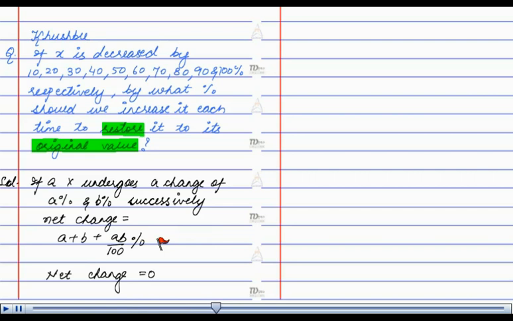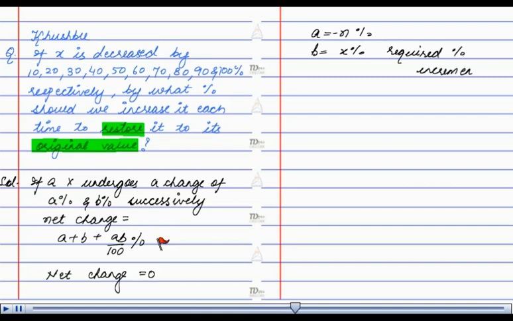Also, generalizing the equation, we get a as minus n% because first the x is being decreased and b as x%, that is the required percentage increment.